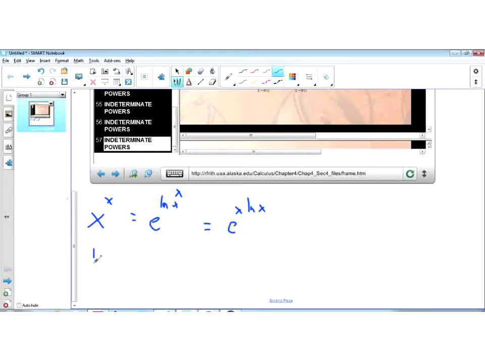okay? And so if we want to take the limit as x approaches 0 from the right of e to the x ln x, then we can take the limit operator and just move it into the exponent by the limit laws. Okay, so you should be getting used to moving the limit operator in and out of the exponent.